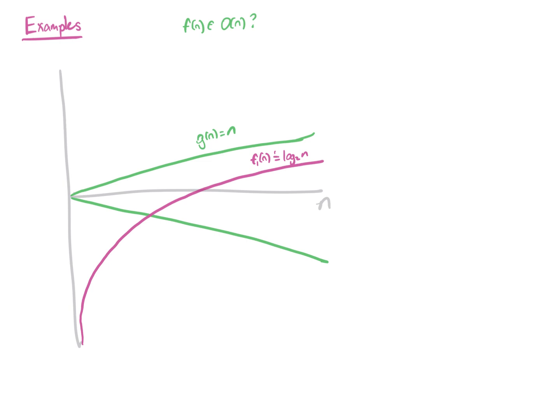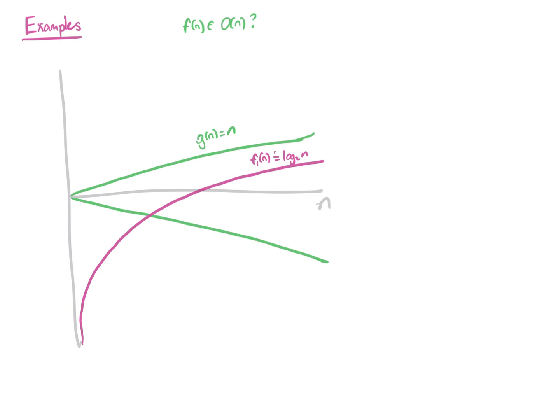So you can kind of imagine if we continue this picture off to forever, and if you remember what the plot of the logarithm looks like, indeed, this logarithmic function is going to always stay within this green cone as we extend n off farther and farther.